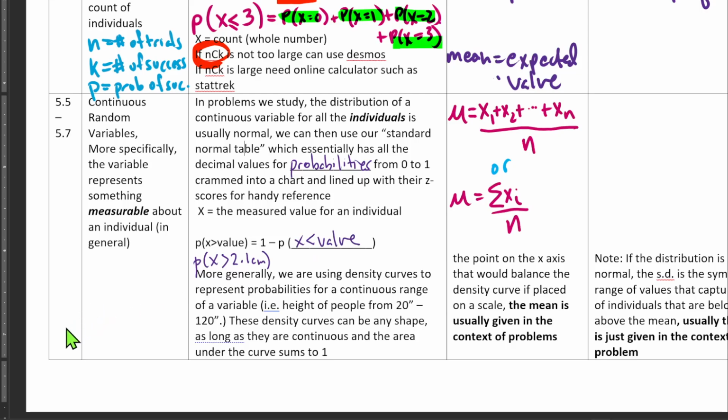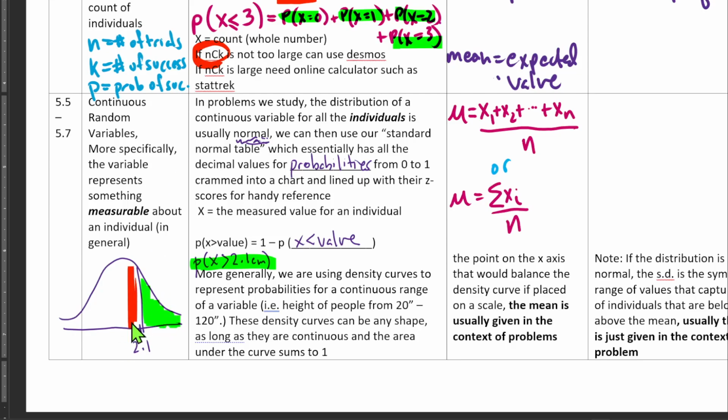And the reason why that works is all the problems we're doing are essentially normal, right? And what that means is the distribution has this shape. And so if this is a certain x value, like 2.1, and we want to know the probability of being larger than 2.1, so that would be the probability of being over here, that's this right here. If we want to know that, there's no way to look this up. Well, there's an easy way.